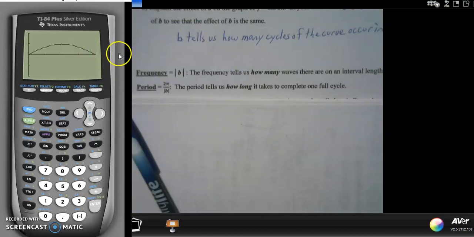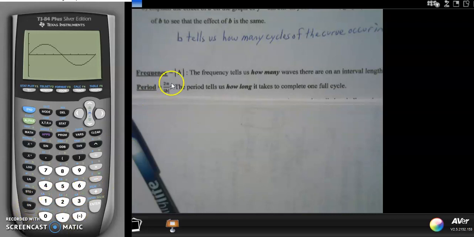We have to go twice as far, so my window has to go to 4 pi. If I enter the x max to be 4 pi, now when I graph it, I should see a full cycle of the sine curve. So the period there, 2 pi divided by 1/2, is 4 pi. That's how the frequency and period are related.